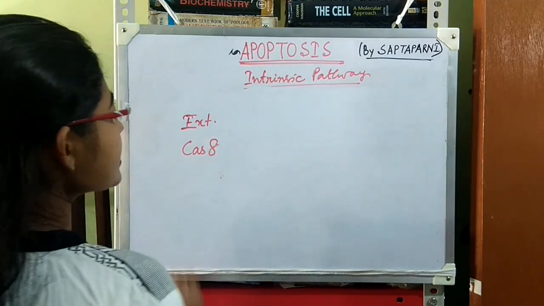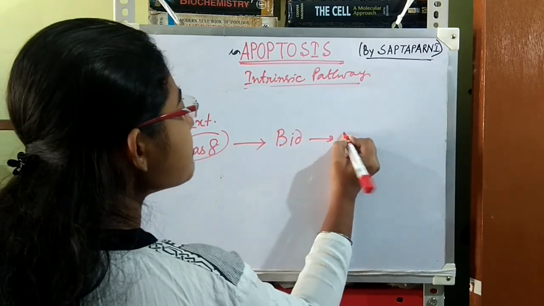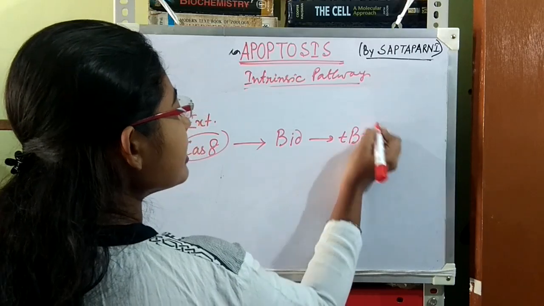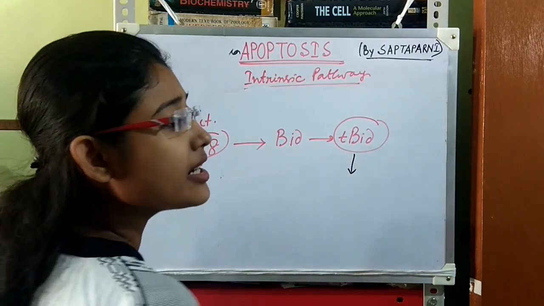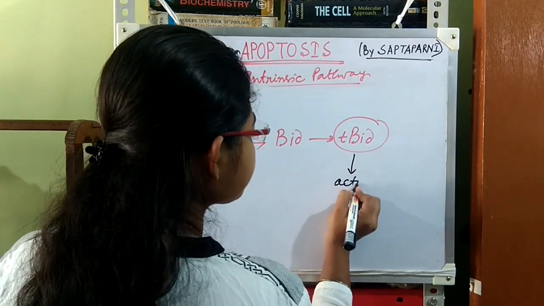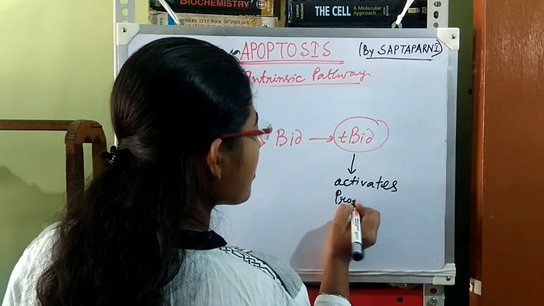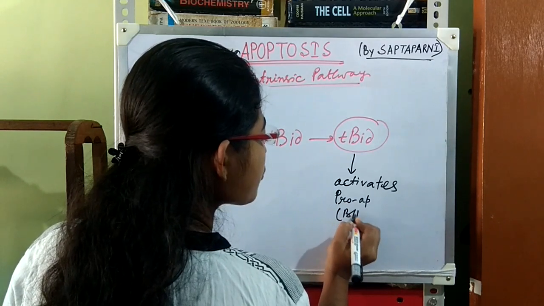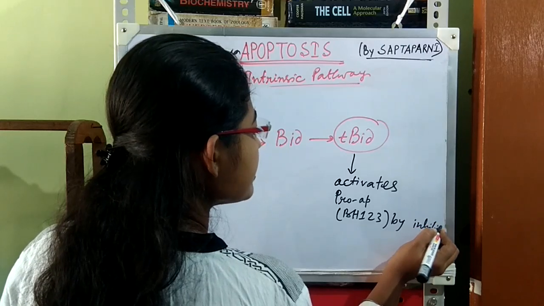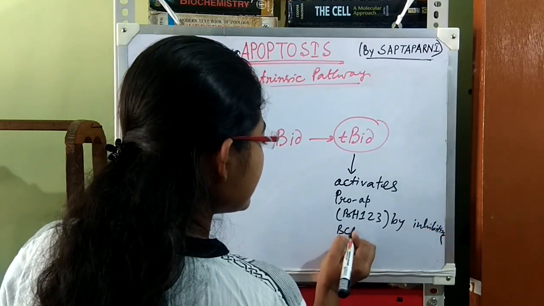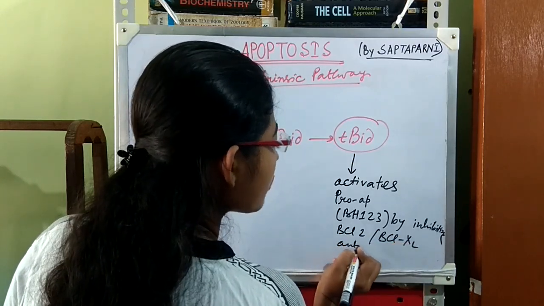This caspase 8 cleaves Bid into tBid. This tBid then goes to the mitochondria and activates the pro-apoptotic proteins of the BH123 family by inhibiting BCL2, BCLXL, or other anti-apoptotic proteins.